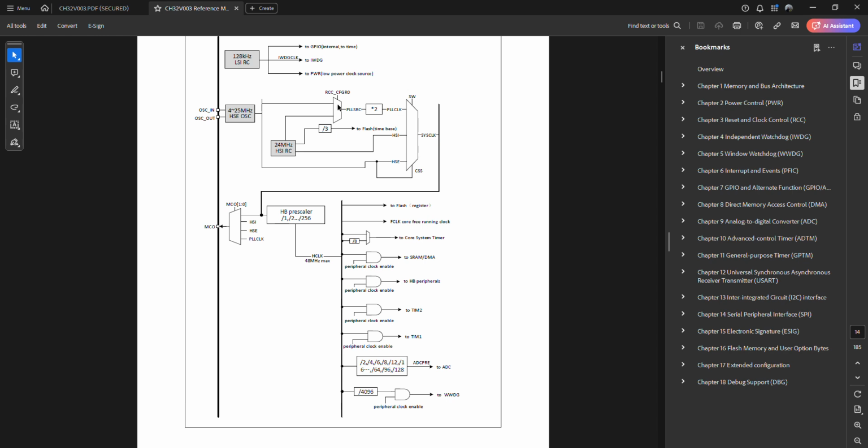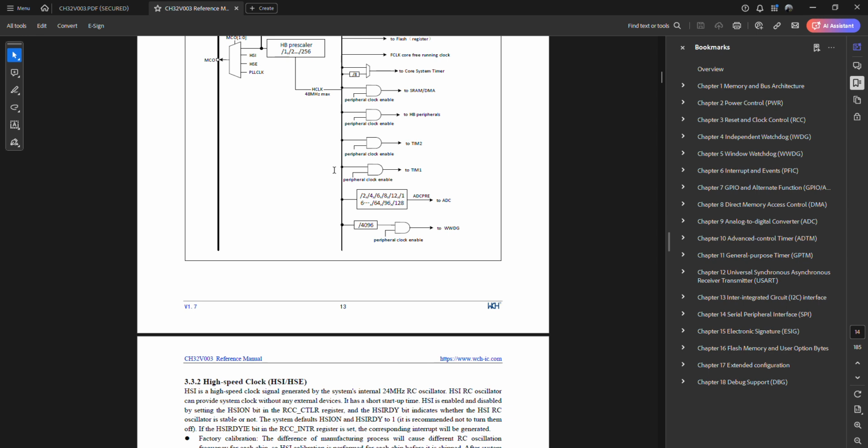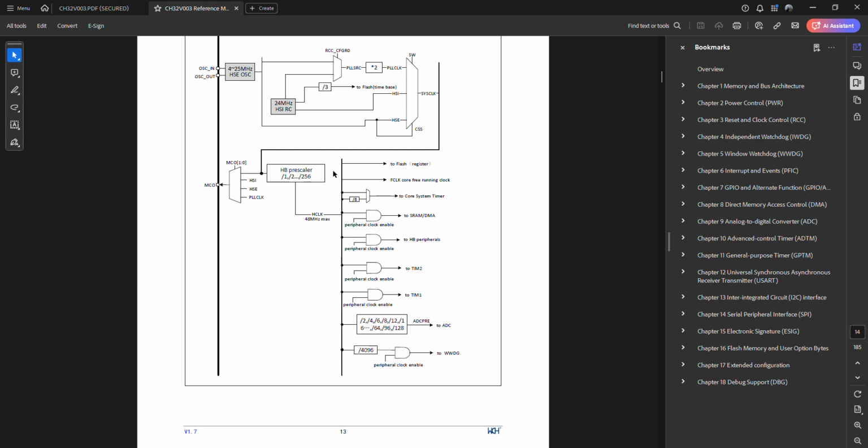And here is a summary of what can be done and what cannot be done. So if you are familiar with the STM32s, you will see that it's basically a direct derivative of what we have already seen before.